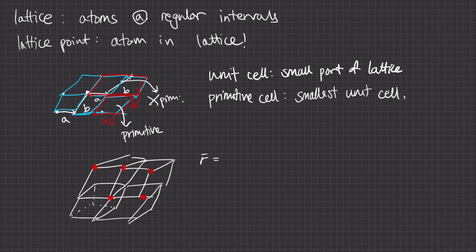R, which is a vector, equals pA plus qB plus sC, and this line means it's a vector, where this is A, this is B, and that is C. So if we, for example, look at this particular lattice point, that would be 2C, right? Because it's 1 and 2C from this point. So that's how we represent each lattice point using vectors.